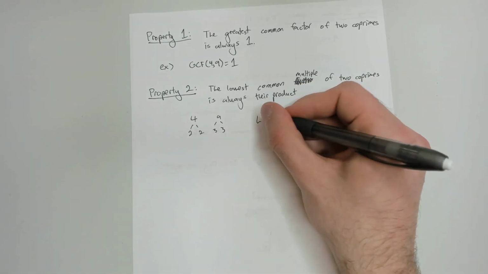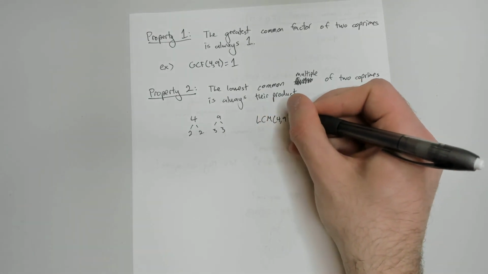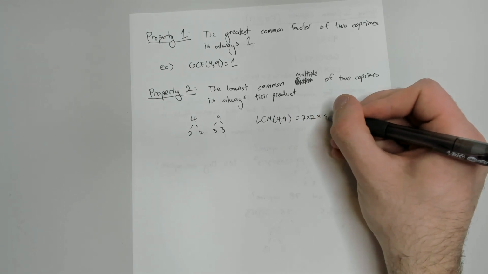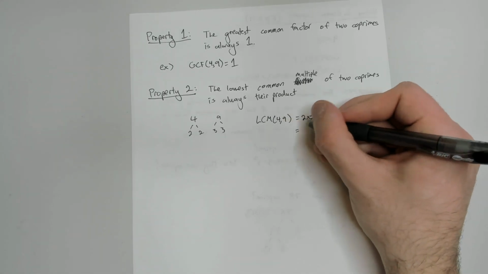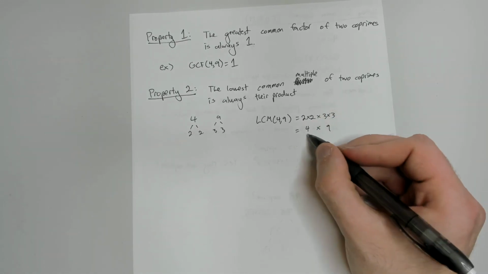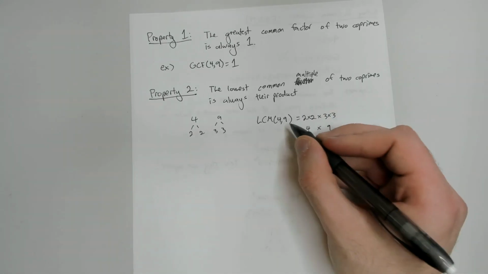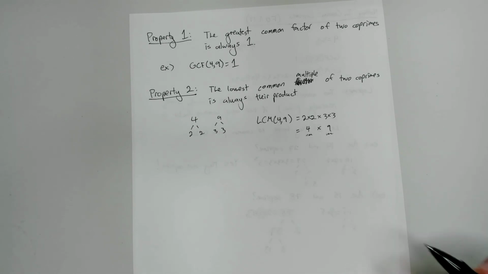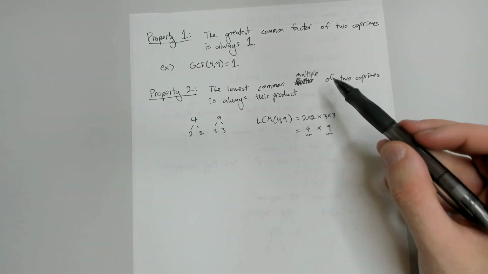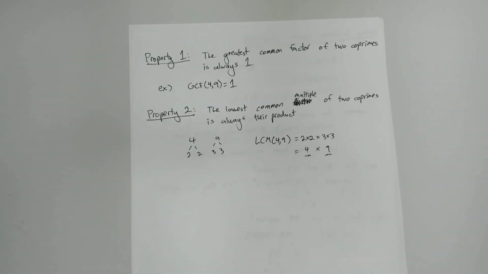So to get the lowest common multiple of 4 and 9, we have to write 4's prime factors and 9's prime factors. But that ends up being 2 times 2, which is 4, and 3 times 3, which is 9, or basically the entirety of the numbers we're finding the lowest common multiple of, multiplied by each other. So that's their product. The lowest common multiple of two coprimes is always their product.